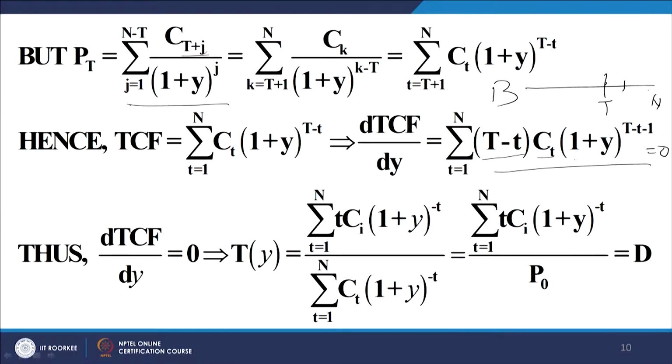It has nothing to do with the summation, and therefore, if the whole expression is to be 0 and this 1 plus y to the power capital T minus 1 is certainly not going to be 0, the rest of it must be 0. And when this is simplified, in other words, this goes and we are left with the summation of capital T minus small t, c t, 1 plus y to the power minus t, equal to 0.